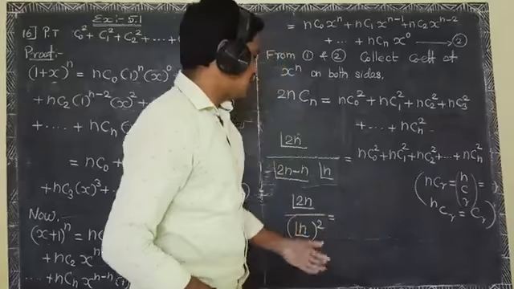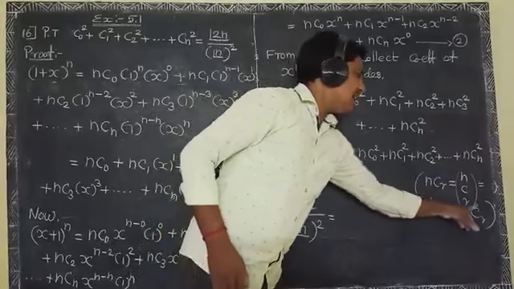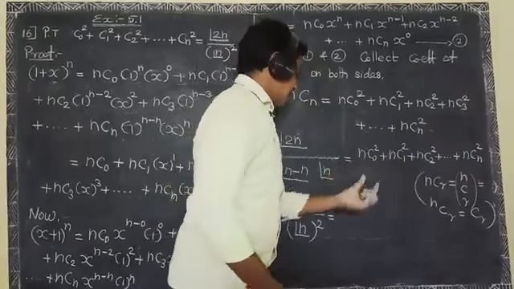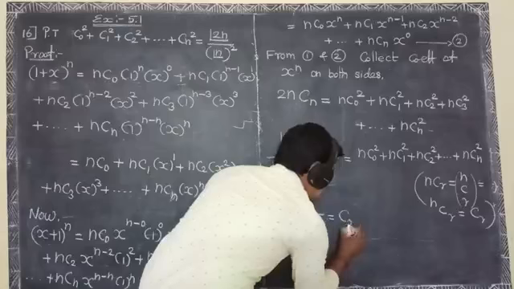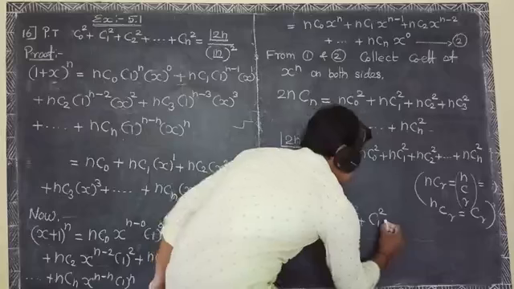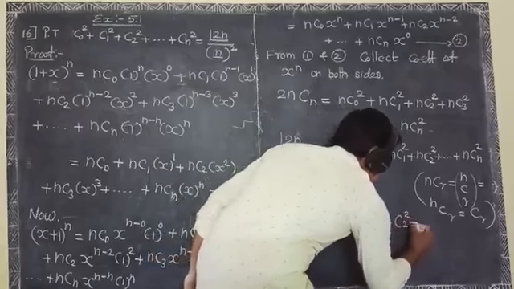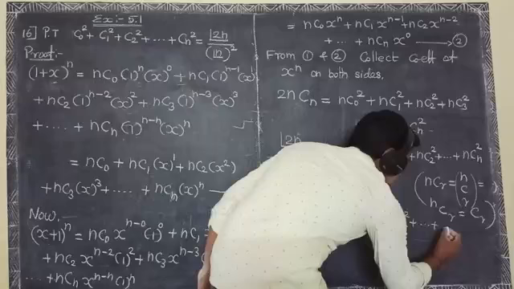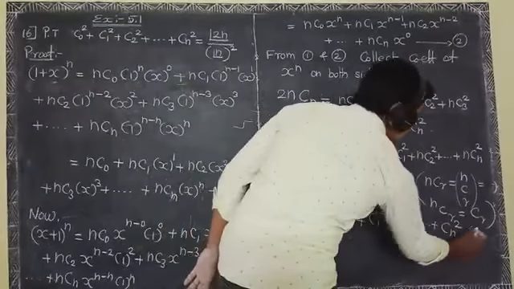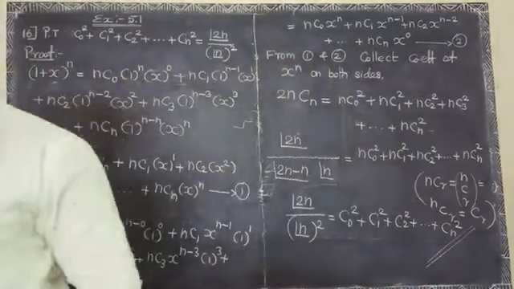Similarly, using this format here, nC0 whole square can be written as C0 square plus C1 square plus C2 square plus and so on plus Cn square. Therefore, hence proved.